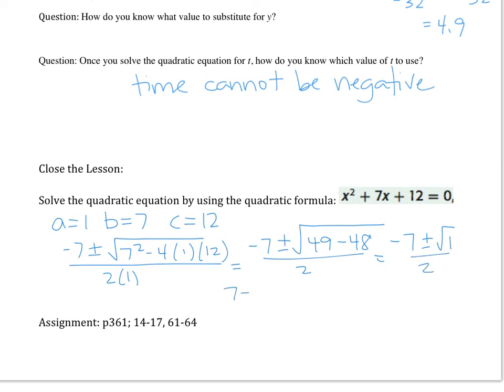So you get 7 plus 1 over 2 and 7 minus 1 over 2. Oh, negative 7. Whoops. My bad. Let's see if I can fix those. Apologize. Let's try this.